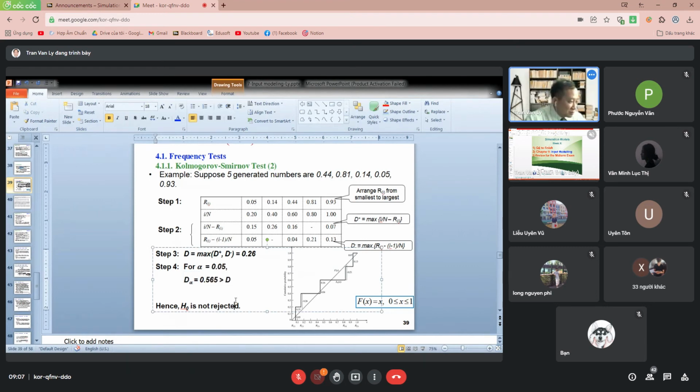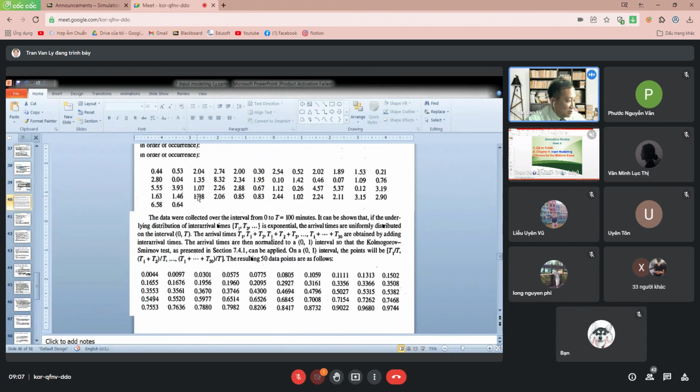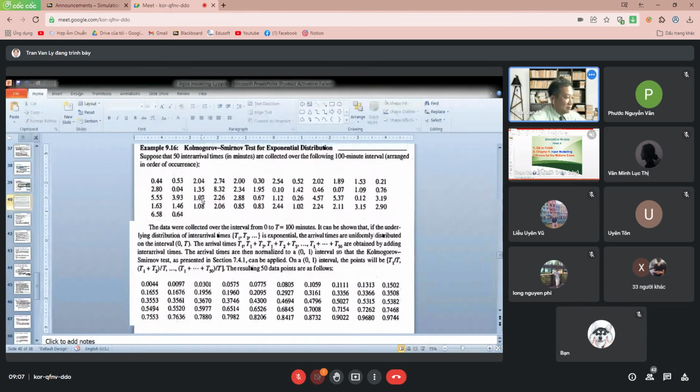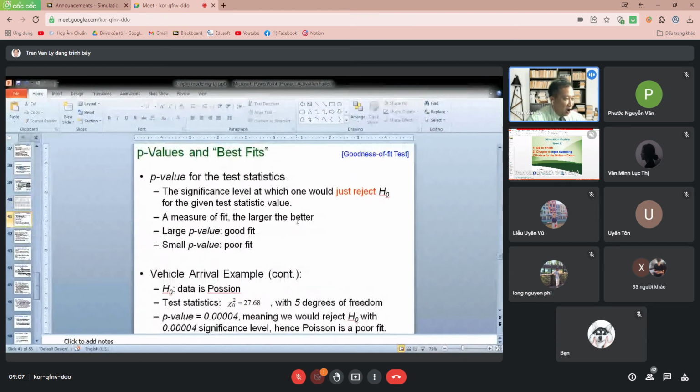Because the max is 0.26 and the alpha is bigger, we do not reject. There are many examples like this. You can do it in your homework.